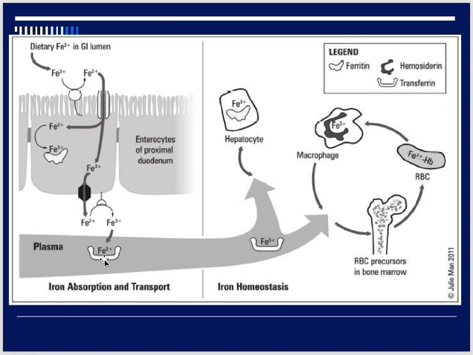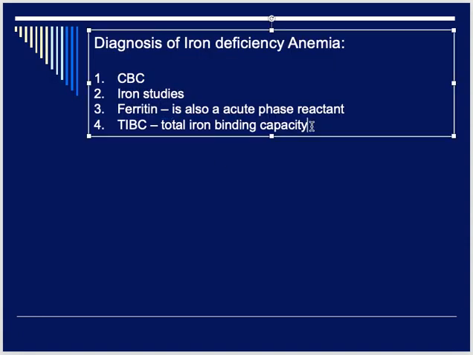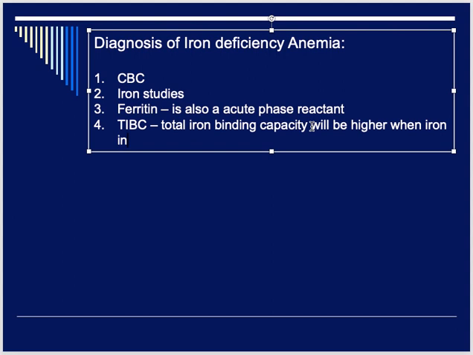So when the iron in the body is enough, the total iron binding capacity will go down. So simply, total iron binding capacity will be higher when the iron is less in the body. Okay, so total iron binding capacity will be higher.